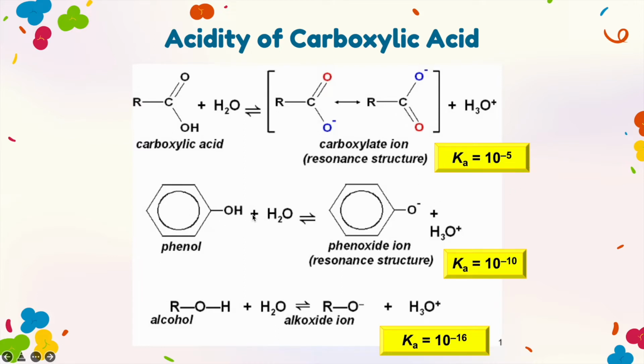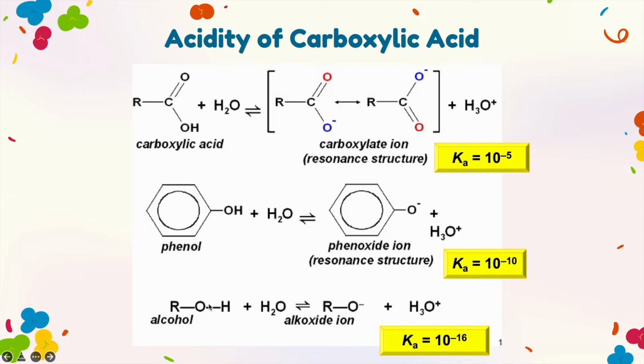For phenol, it dissociates in water, releases the H plus, reacts with water to become H3O plus, and this is phenoxide ion. The resonance structure of phenoxide ion was shown in the previous chapter, alcohol. In the alcohol chapter, you can look at how the negative charge can be transferred to the carbon in the ring.